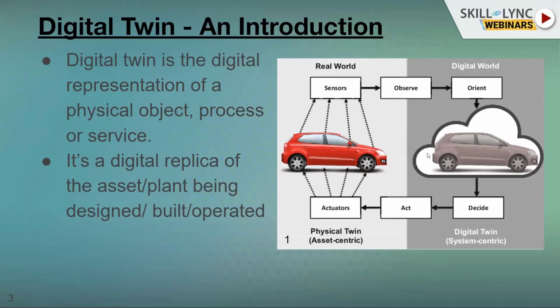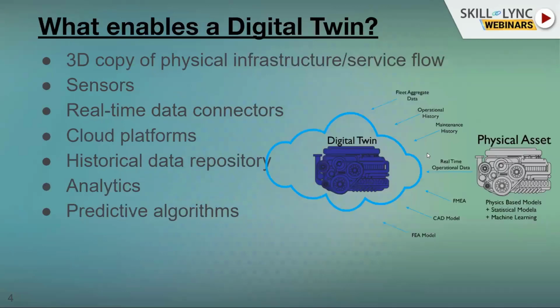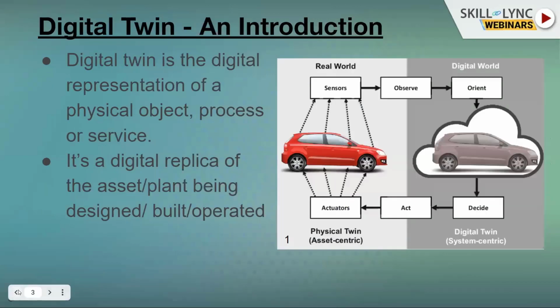So in real terms, the definition of a digital twin is the digital representation of a physical object. It might be a physical object, or a process or a service. A service could be something like a supply chain. You are getting a shipment from Amazon.